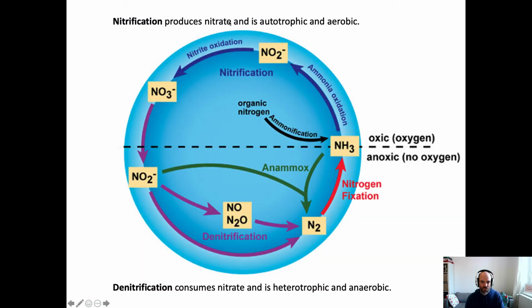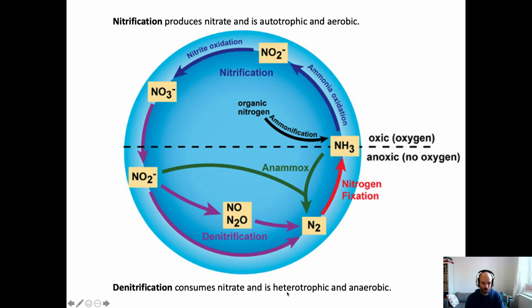Nitrification produces nitrate, which is what is consumed by denitrification. Nitrification is autotrophic. I mentioned last time that nitrifying archaea and some nitrifying bacteria fix CO2 as their carbon source. They are autotrophic. And the electron acceptor for nitrification is oxygen, so it's aerobic.